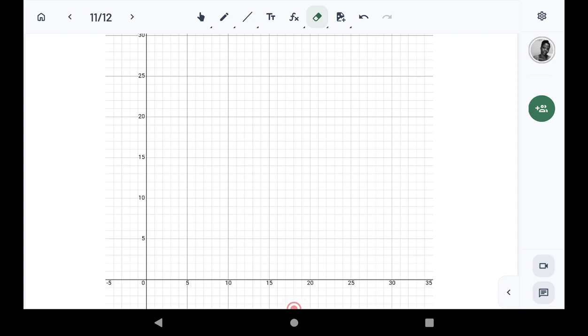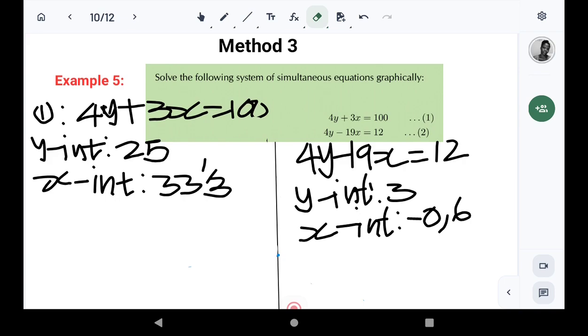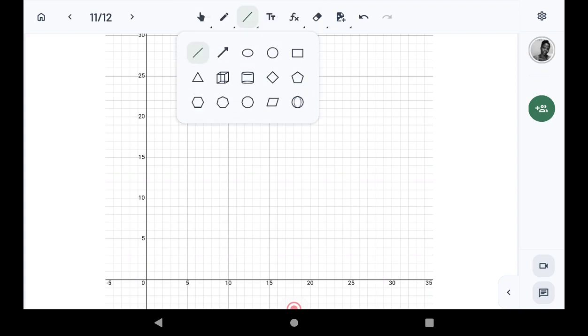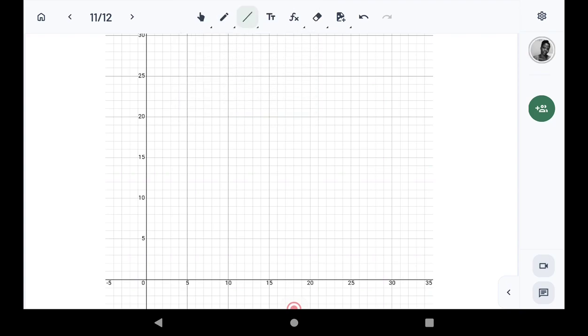So we start with the one with 25 and 33 and a third. All right, we're going to plot that. There is our 25. And then 33 and a third is somewhere there. Let's fix that.